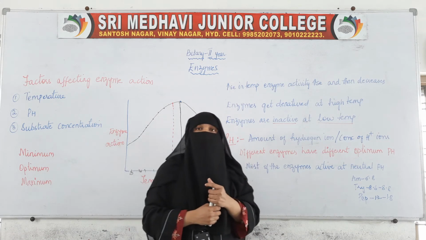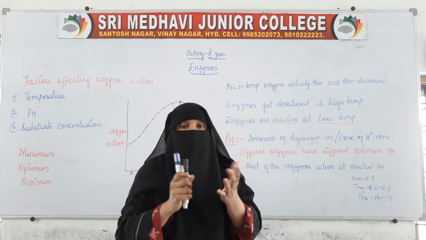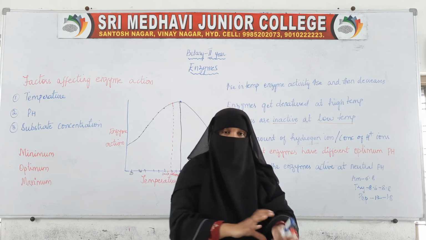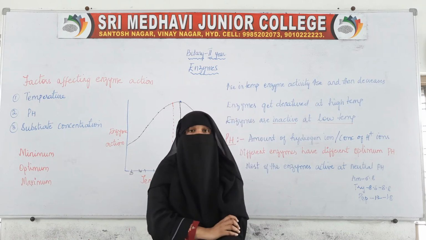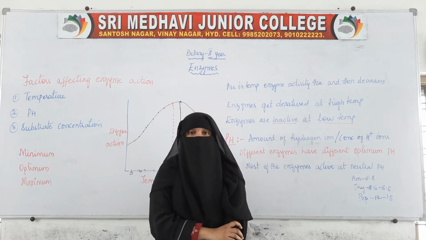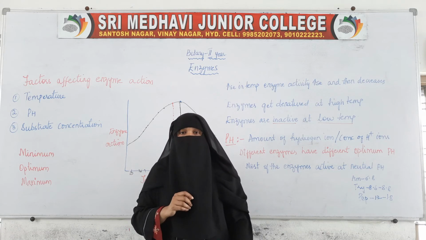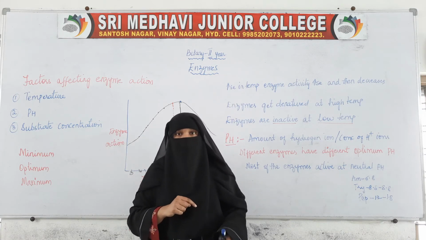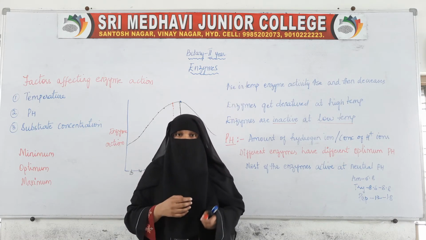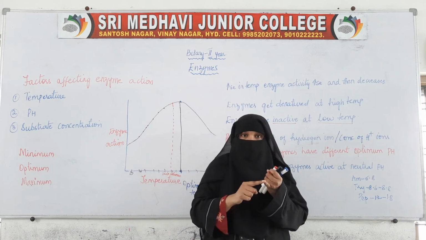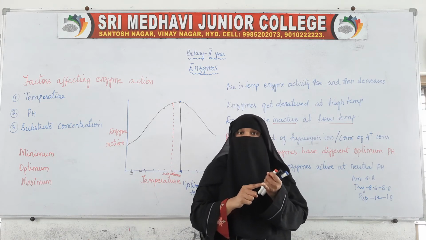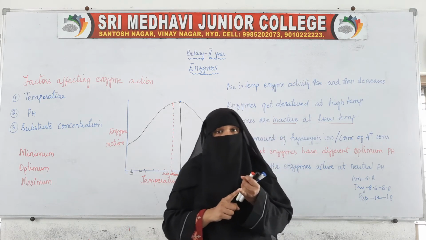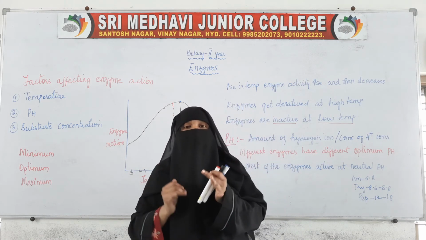have maximum activity when the pH is neutral. Most of the enzymes have high enzymatic action when the pH is neutral, but there are many enzymes which work at different pH.